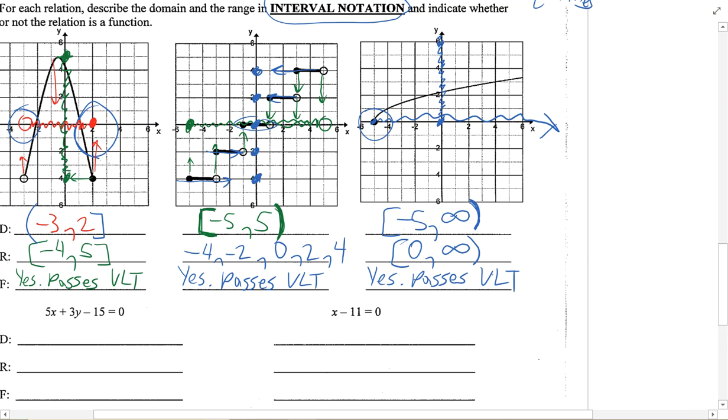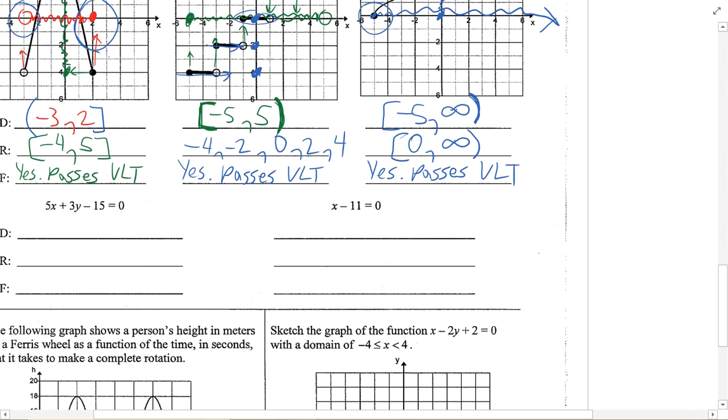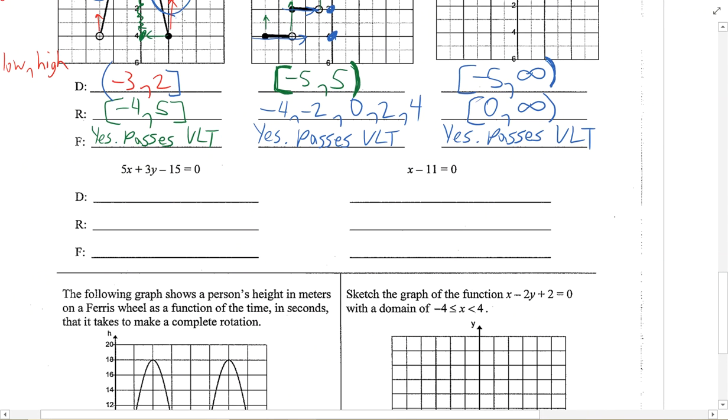Okay. All right. Next, this one. Here is a line. As long as it is not x equals or y equals, then it is going to be all real values. There's nothing stopping it. Only if it's x equals or y equals do we have to be careful.